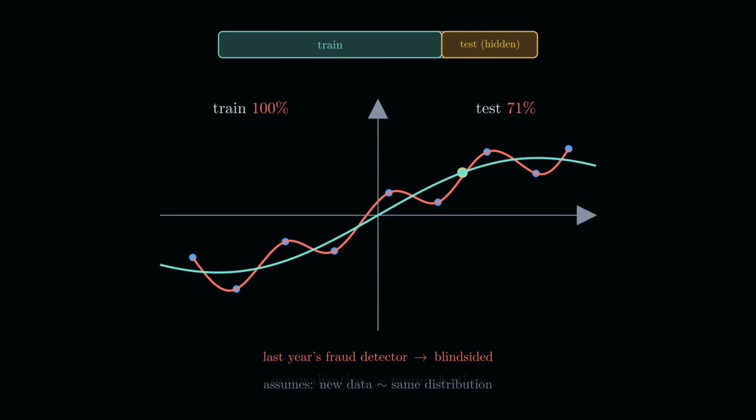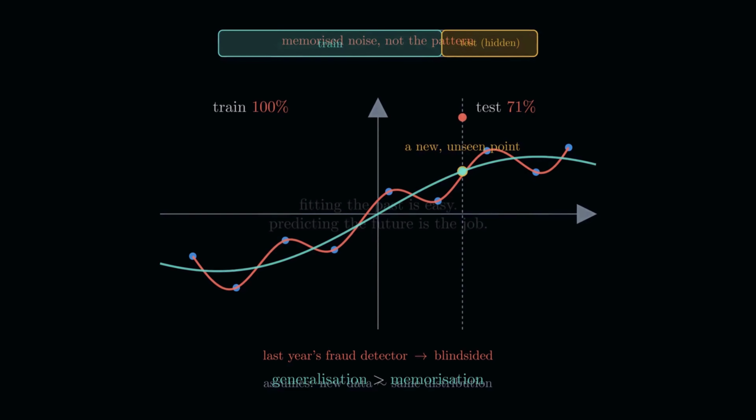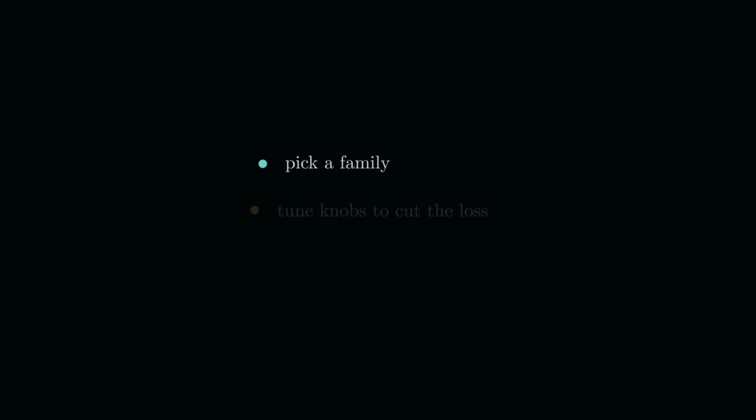So, the real target of supervised learning isn't a perfect score on the training set, it's generalization, being right about the test set and being right about the future. Predicting what you haven't seen is the entire job. Whereas memorizing is quite easy, but the AI model will always fail when you memorize.